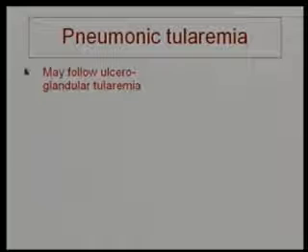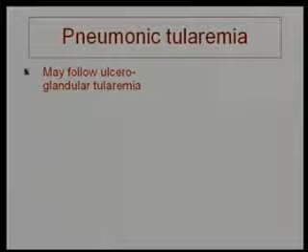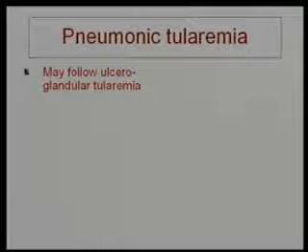Pneumonic tularemia, the most dangerous and most lethal form, is the pulmonary or pneumonic tularemia. It may follow ulceroglandular. In other words, it may spread from ulceroglandular to becoming pneumonic. You can get pneumonic directly as well.